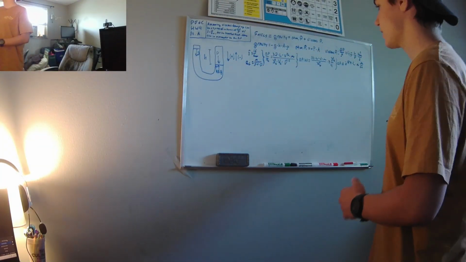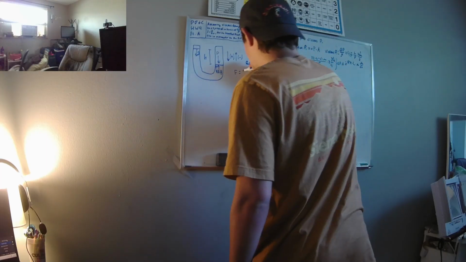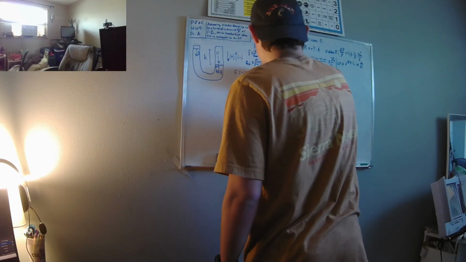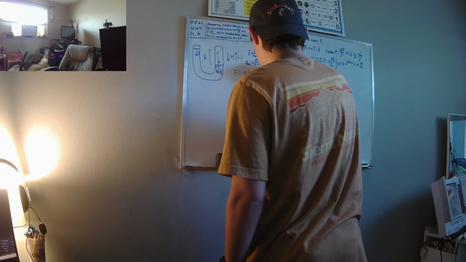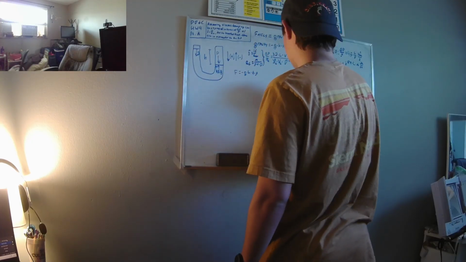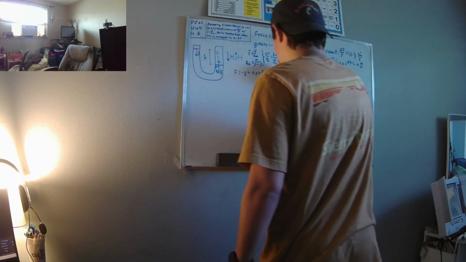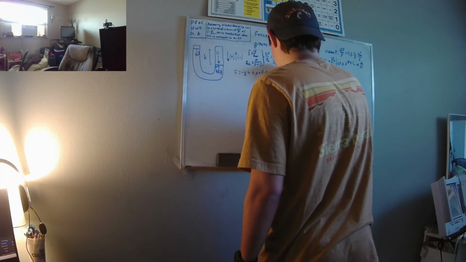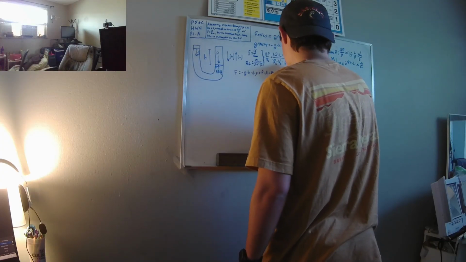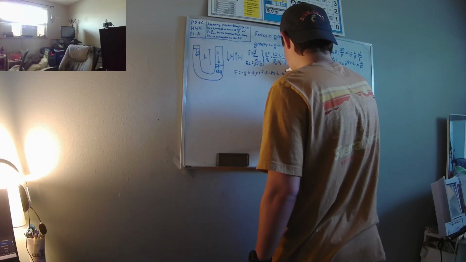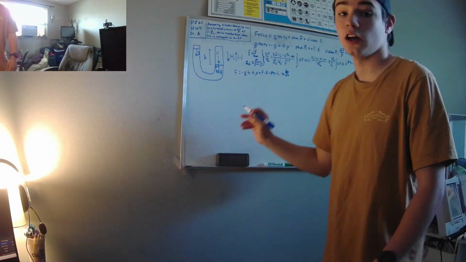So if we combine all of these, we get that our forces are going to equal negative g times h times A times rho, plus our pressure times our area, minus our 8 pi times L times mu dH dt.